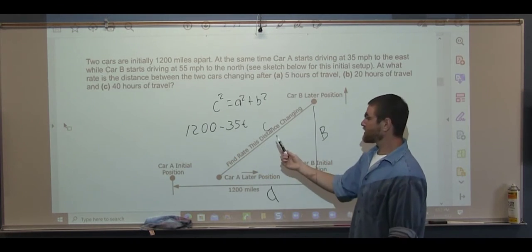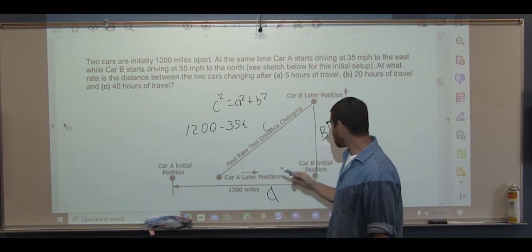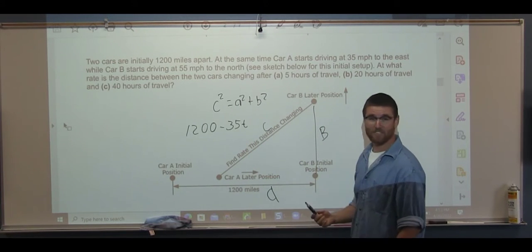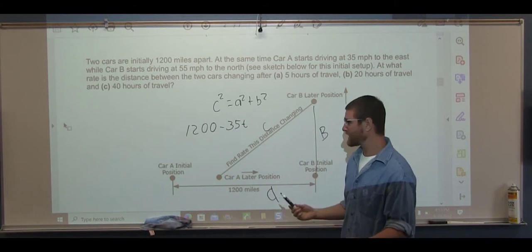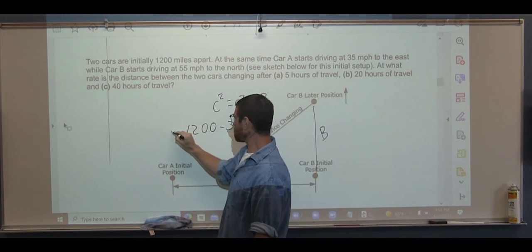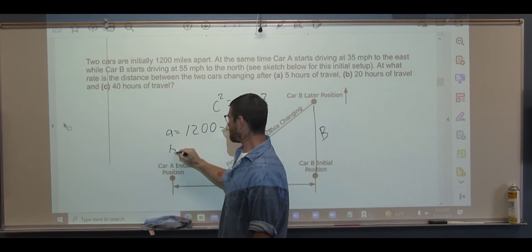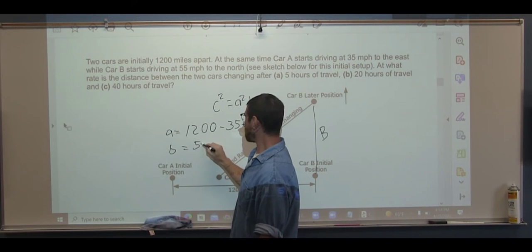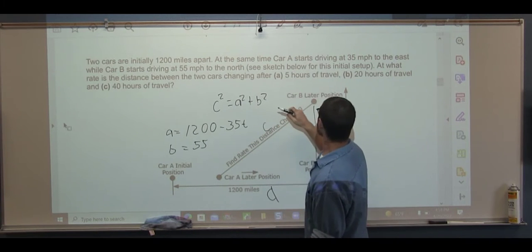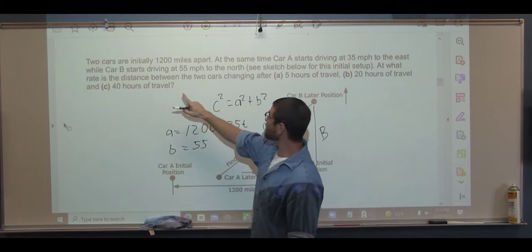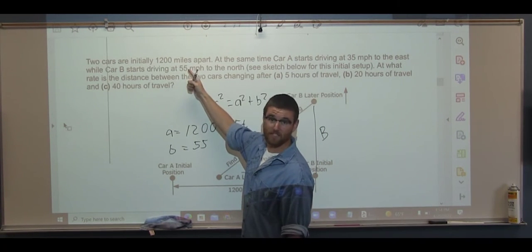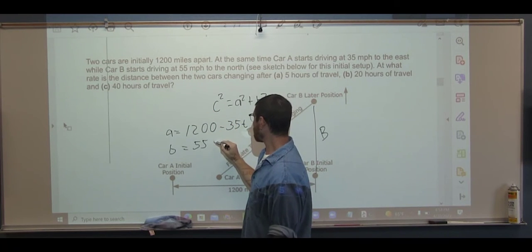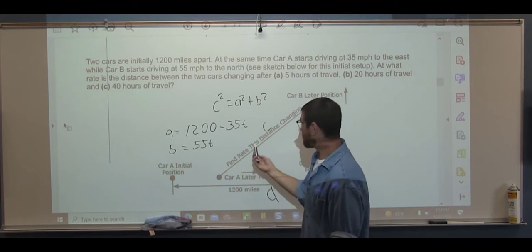B uses a similar logic, although it has no constant. We're not given the distance that B is going to travel or has traveled or anything like that. So it can simply be represented as 55, which is the speed that it's moving at, the miles per hour, times the time.